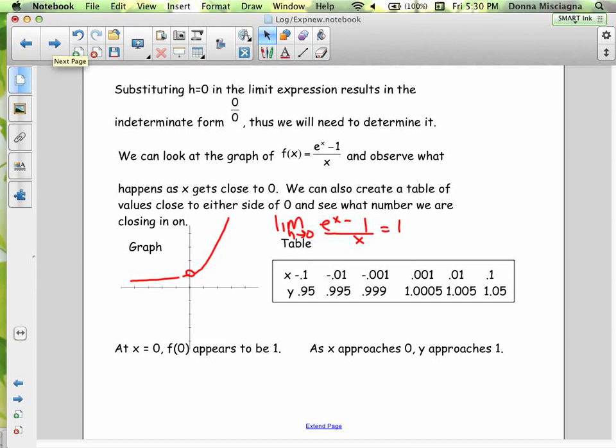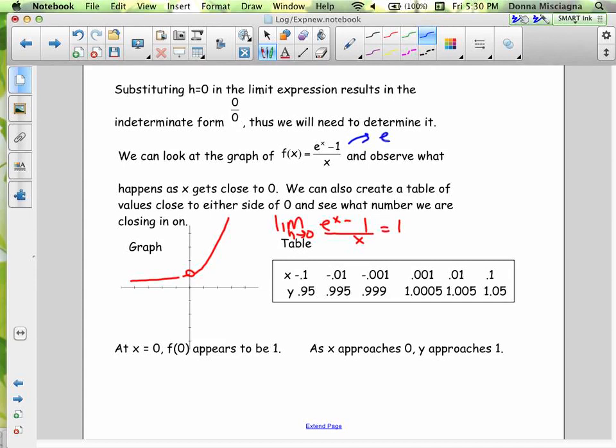So we can look at the graph of f of x equals e to the x minus 1 over x and observe what happens as x gets closer to 0. We can also create a table of values to either side of 0 and see what number we are closing in on.